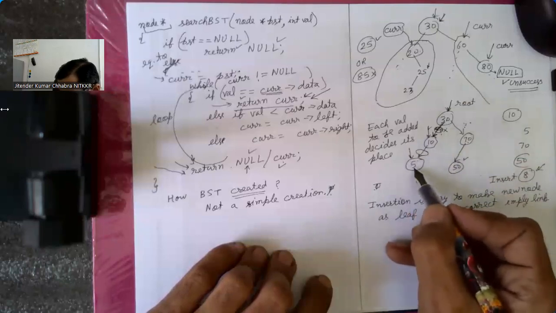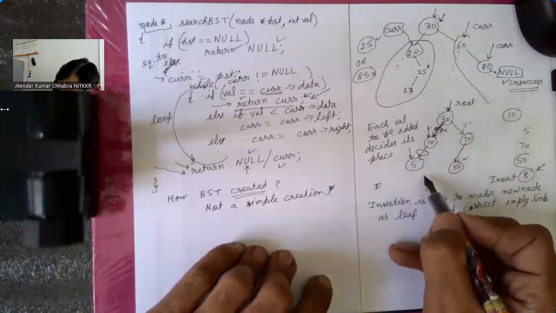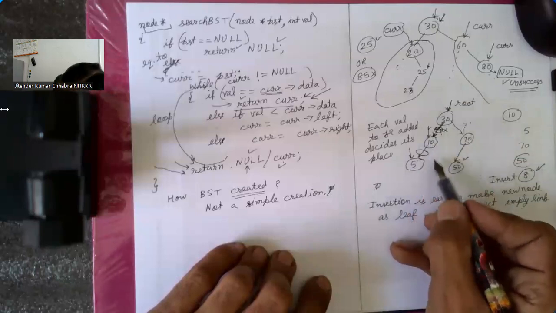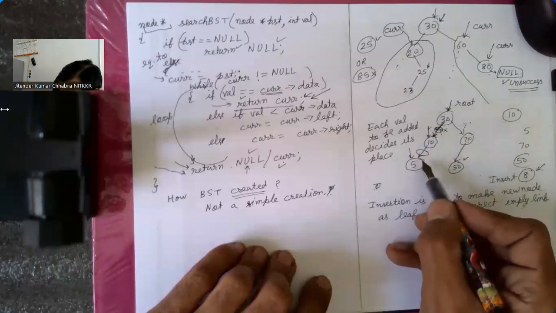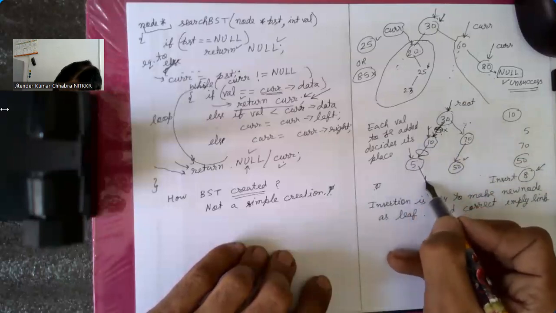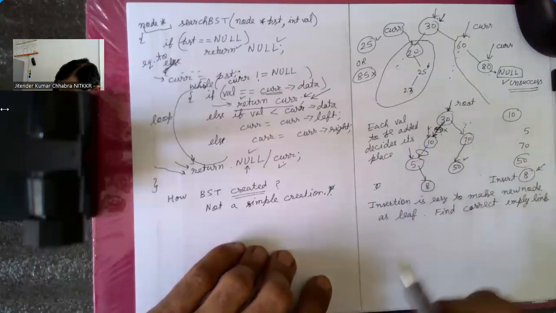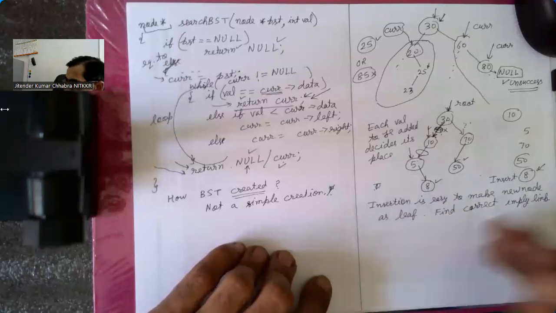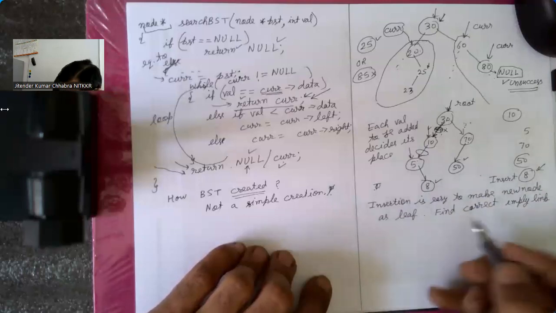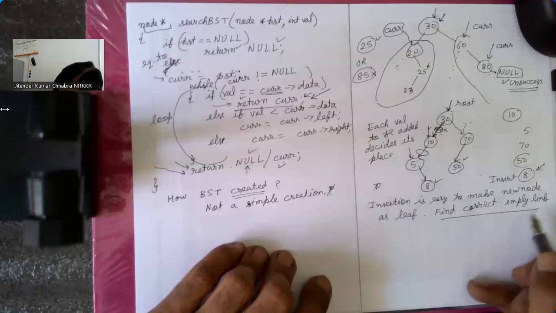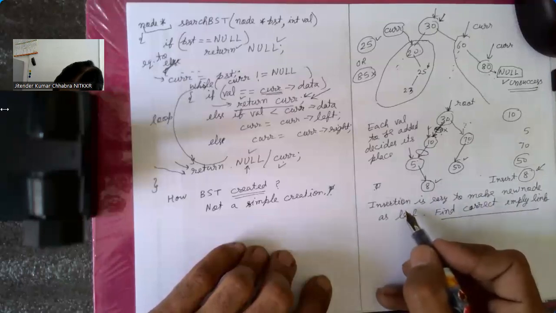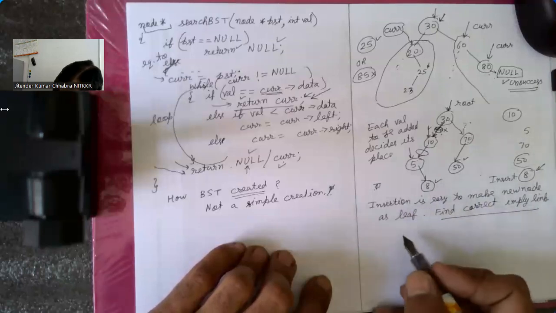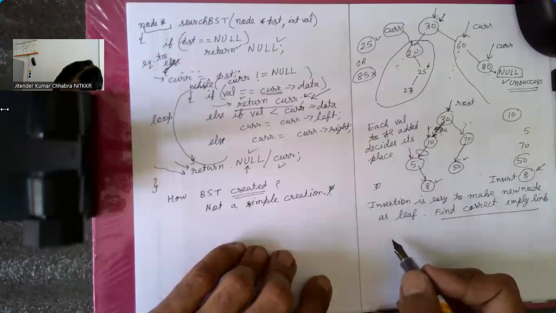So go to 5, 5's right side, because 10's left is guaranteed. I have already come. 5's right side is free. So I will be able to insert 8 here. So this way, I can do the correct empty link insertion at this particular point.